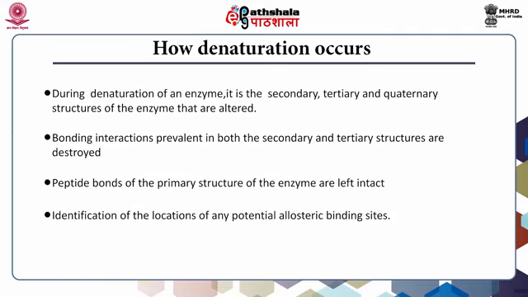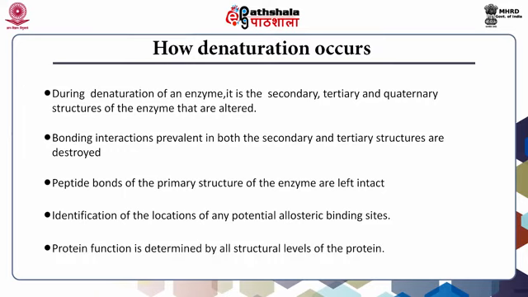The peptide bonds of the primary structure in the enzyme are left intact, since the denaturation reactions are not strong enough to break such bonds. Since the protein function is determined by structure levels, the protein can no longer perform its function once it has been denatured.